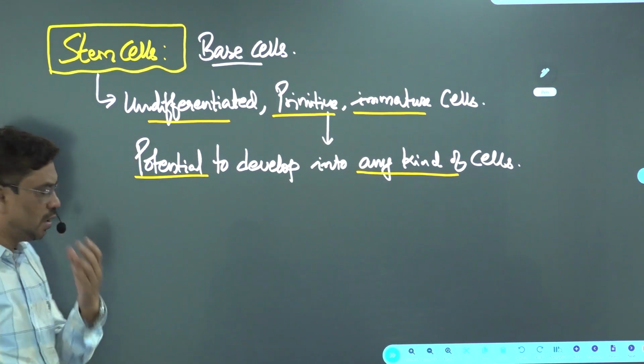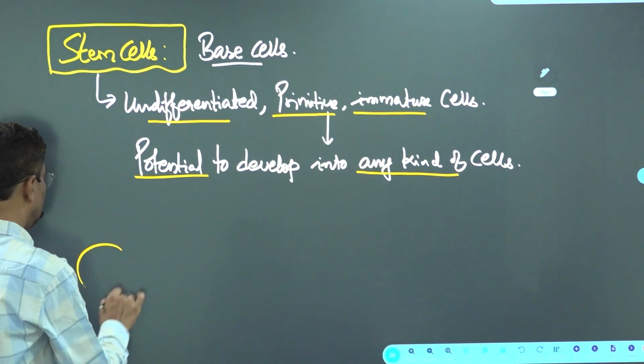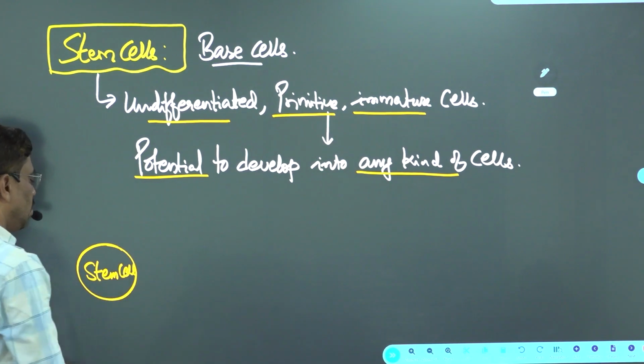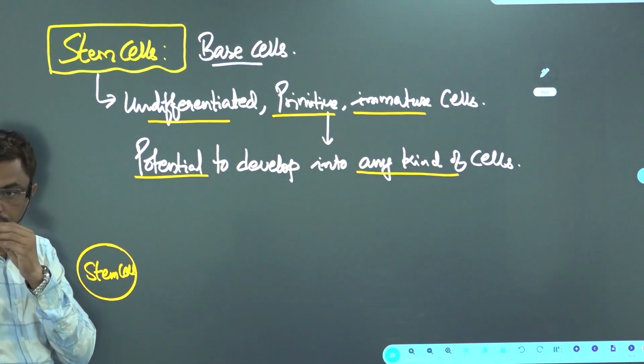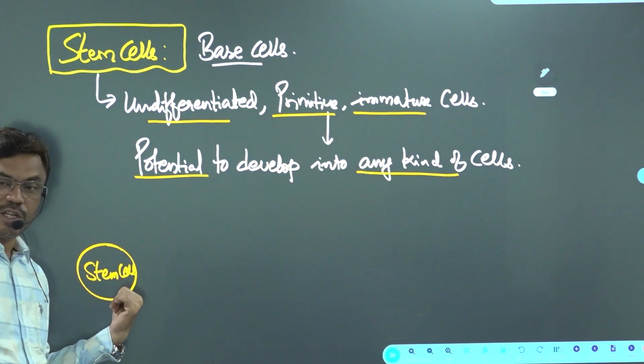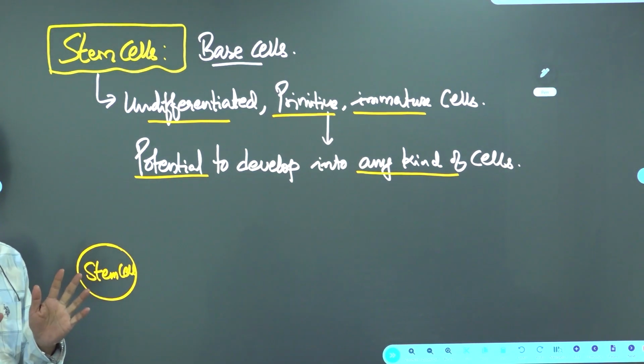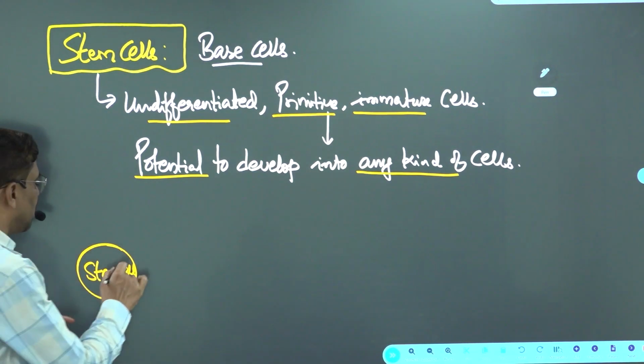Suppose you consider this is a stem cell. This is undifferentiated. Undifferentiated means it is not yet specified, and it is a primitive immature cell.